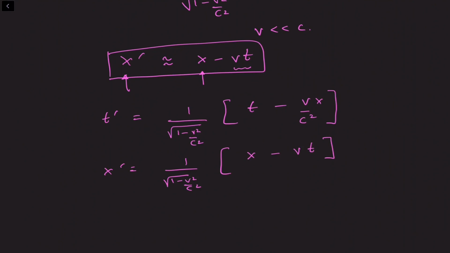Now, when we talk about time, we have to be a little careful. We should talk about a specific clock, that is a clock moving with a specific observer in the frame S prime. So let's take the observer in the frame S prime, who is moving with speed v, who is located at the position x prime equal to 0.